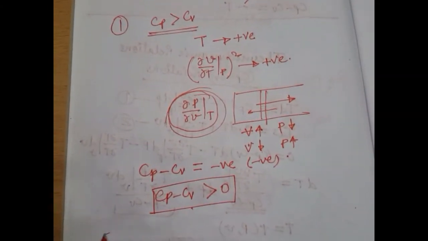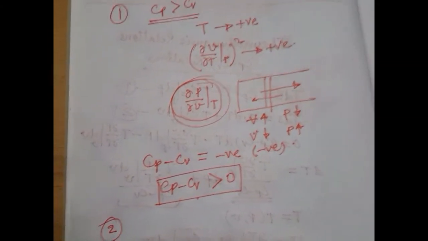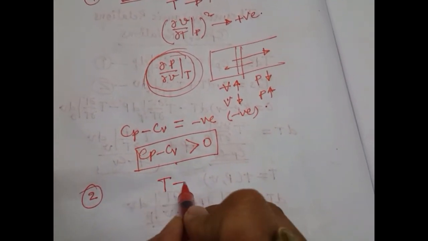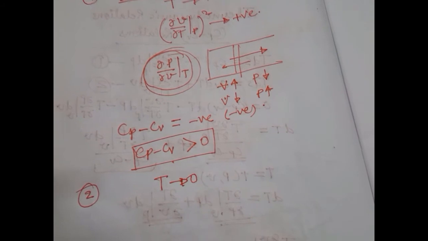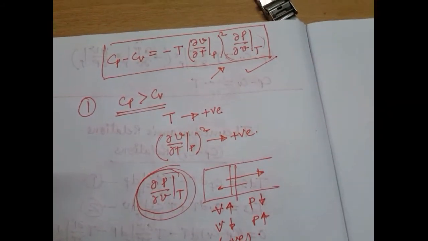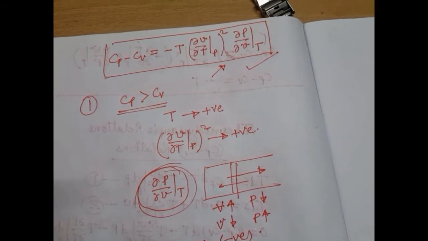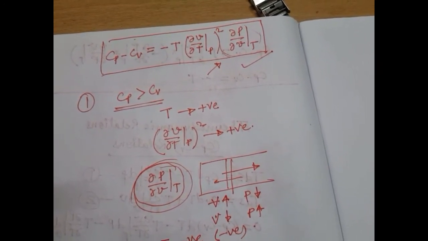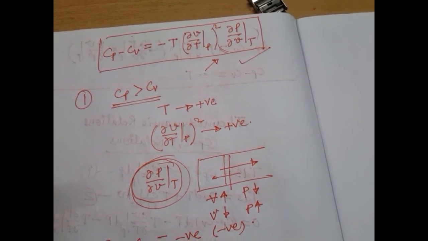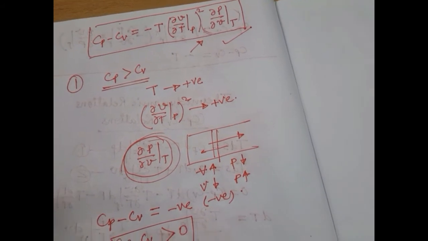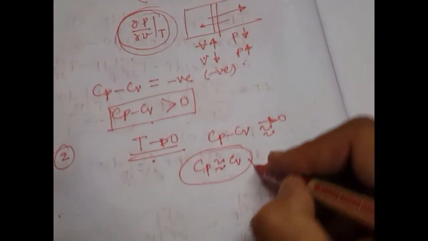Now second thing, some people used to ask what will happen when the temperature reaches absolute 0. From this relation it is very clear that when temperature reaches absolute 0, Cp minus Cv will tend to 0. That simply means Cp is equal to Cv at absolute 0, and this is a very important result.